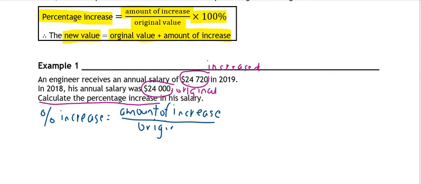Now focus here. For most of the calculations, your original value will be in the denominator. This fraction will be multiplied by 100. Here you have your original value, but you don't have the amount of increase. So we have to calculate the amount of increase.